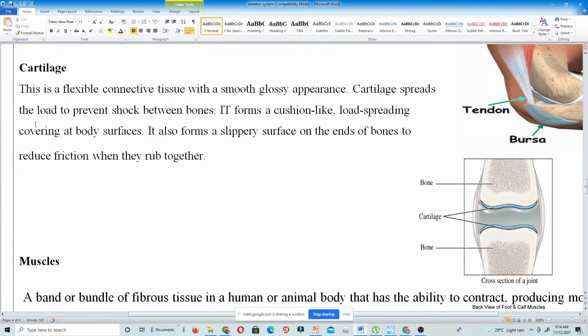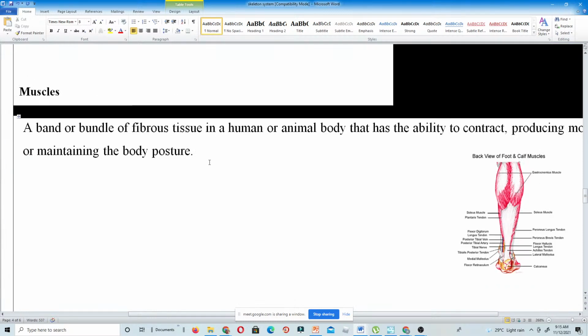So in terms of you walking, at the knee joint, the cartilage present in the knee joint basically reduces the vibration or the amount of load that is being spread over the lower leg, if we're using this to explain the lower leg in terms of the knee joint right there.